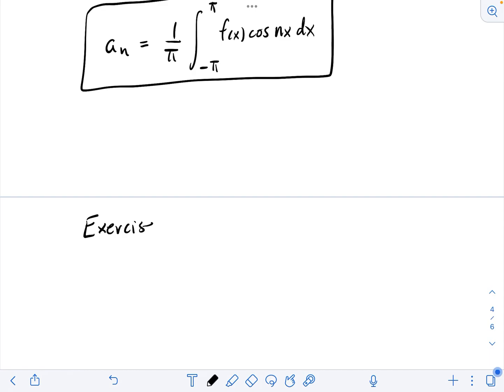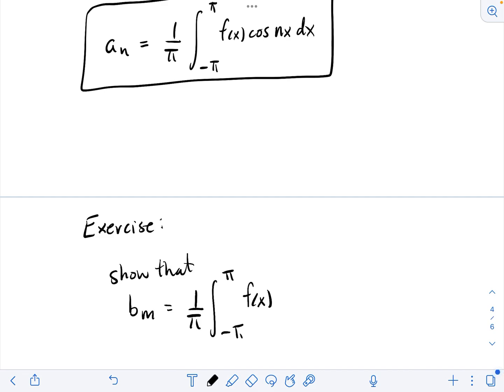Show that the bm coefficient is, you could probably guess what it is. It's 1 over pi, the integral from minus pi to pi, f of x, not times cos of nx, but times the sine of mx dx.